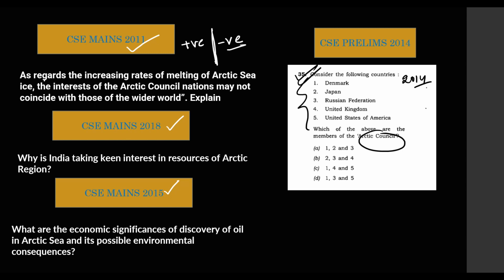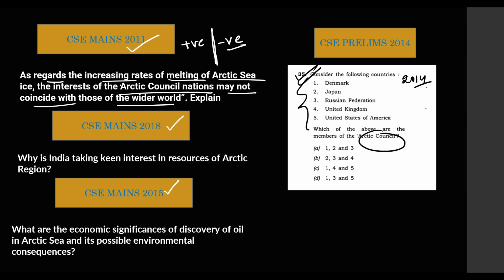Let us read this question. As regards the increasing rates of melting of Arctic ice, the interest of Arctic Council nations may not coincide with the wider world. It says that when the ice of the Arctic region melts, it is not going to have the same impact for the members of Arctic Council and for the entire world.